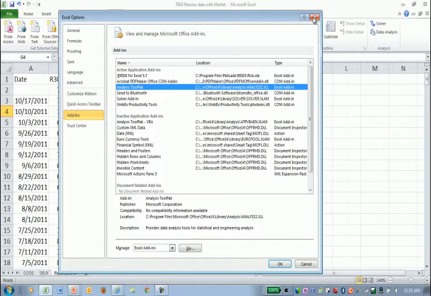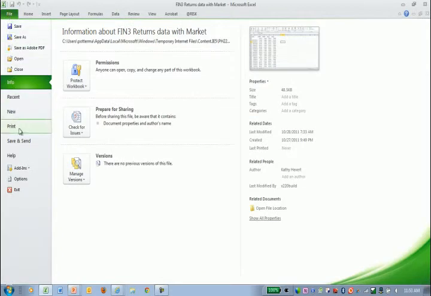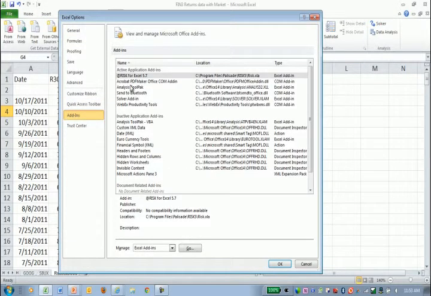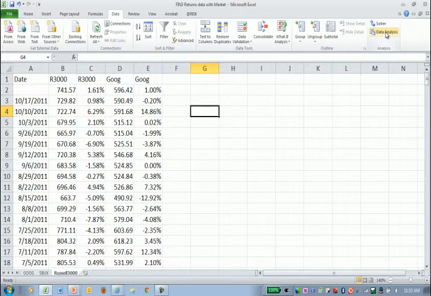It'll take a few minutes to load in, but it's there, okay? File, Options, Add-ins, and it's the Analysis ToolPak, okay? I don't know about Mac. Data analysis for Mac? Okay.